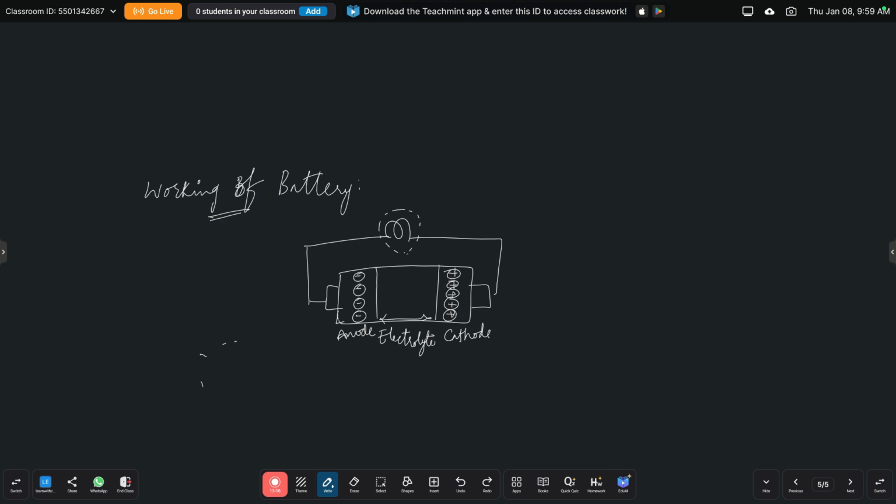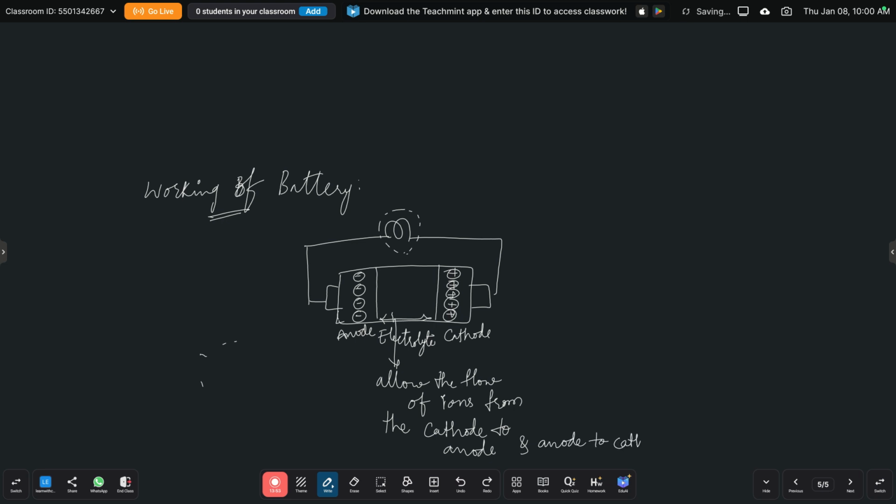These electrolyte components are generally chemical substances that are used to enhance or allow the flow of ions from the cathode to the anode and from the anode to the cathode.